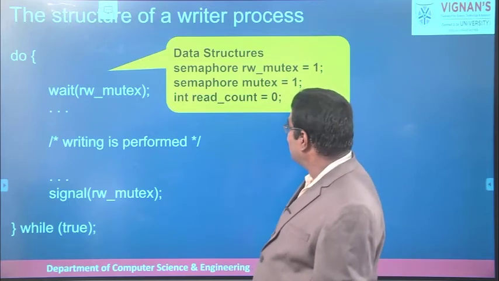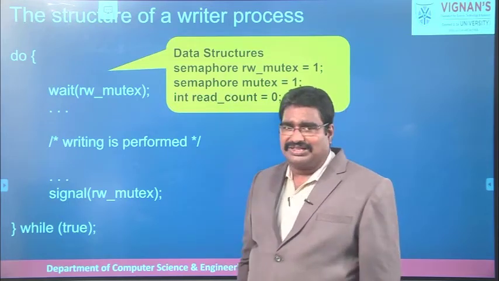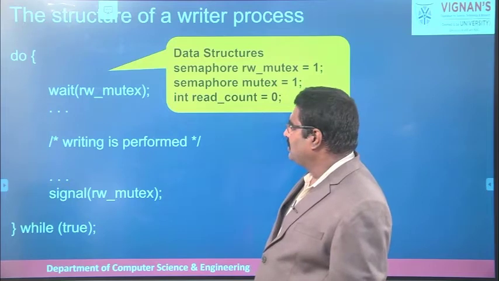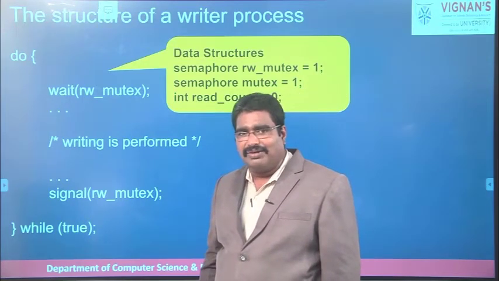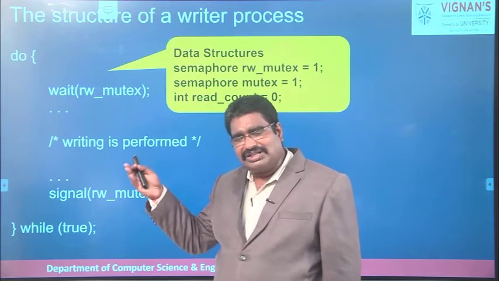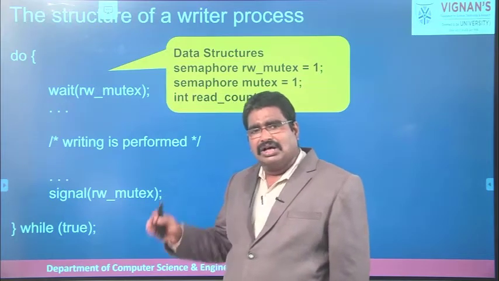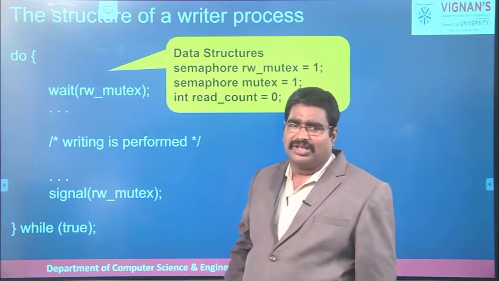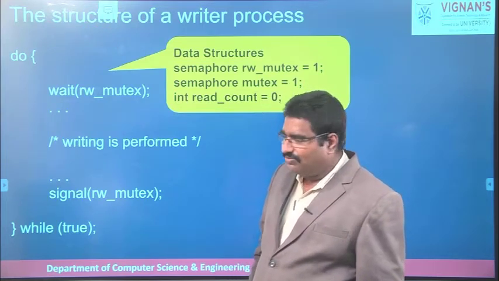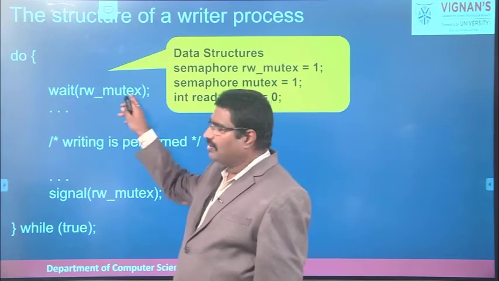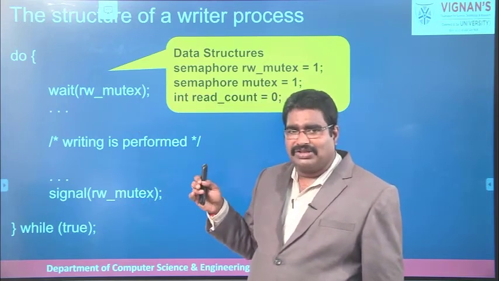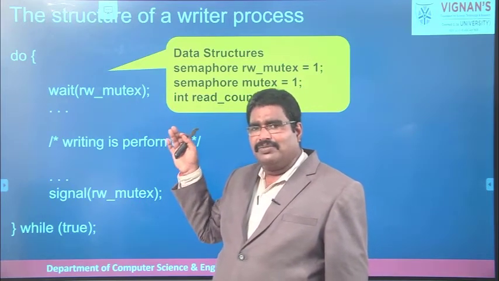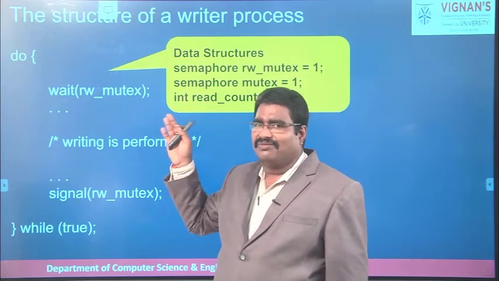Now, we try to understand the writer process syntax. Here, whenever we need to allow the writers to perform the write operation, what is the requirement? There is no other writer already performing the write operation, and there is no reader performing the read operation. To achieve that, we are using wait(RW mutex). If a reader is already performing the read operation, at that time RW mutex is 0 based on the wait function.